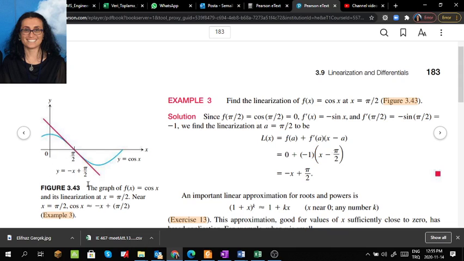You can find this tangent line equation by using this formula, f of a plus f prime of a times x minus a, where a is pi over 2 here. f of pi over 2, which is cosine pi over 2, is 0. f prime is negative sine x, and at pi over 2 it is negative 1. So we got that the tangent line to the curve at pi over 2 is negative x plus pi over 2, and we call it the linearization function L of x.